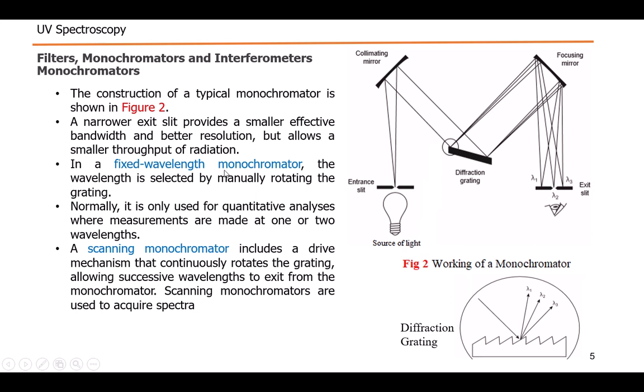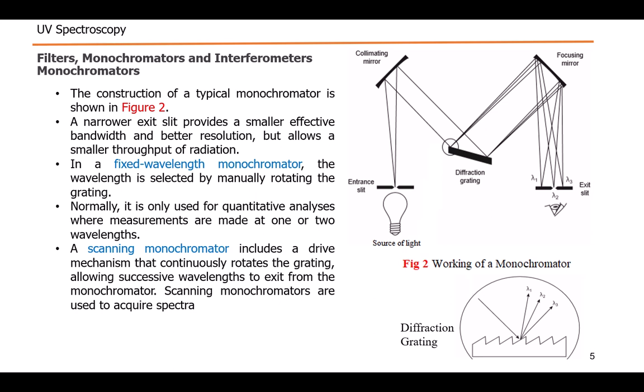These are of two types: fixed wavelength monochromators and scanning monochromators. Fixed wavelength monochromators are used for quantitative analysis where we want to work at only one or two wavelengths, while if you want to acquire the complete spectra of the sample, then we use scanning monochromators, which allow successive wavelengths to fall on the sample in a narrow range of time.